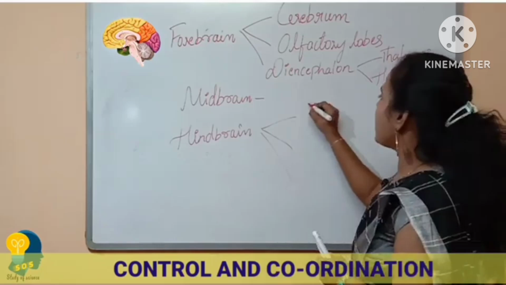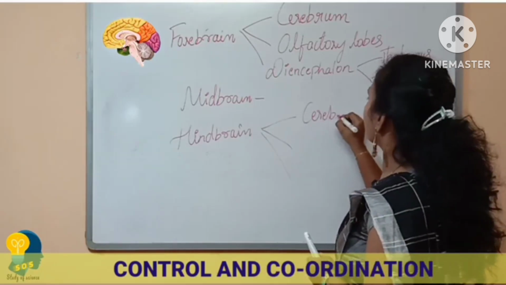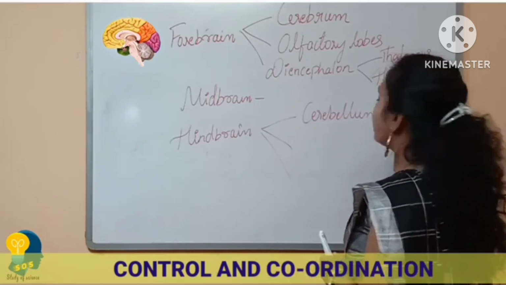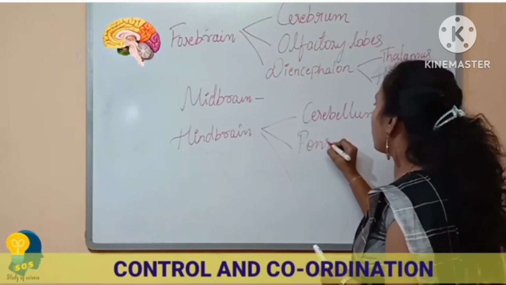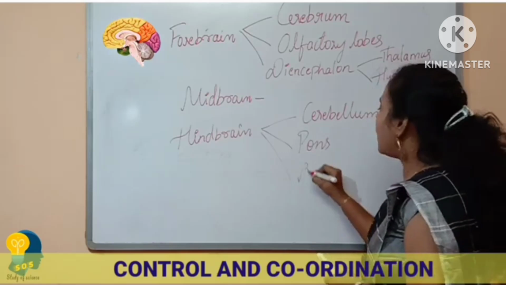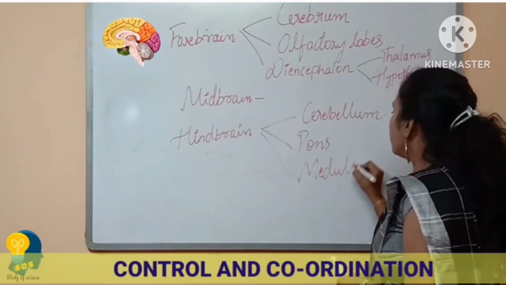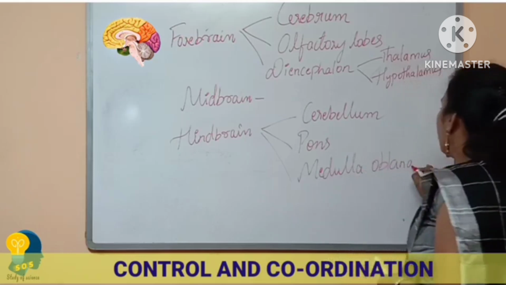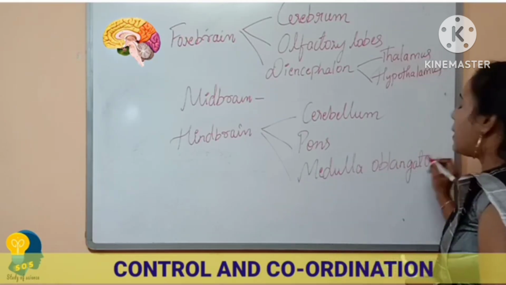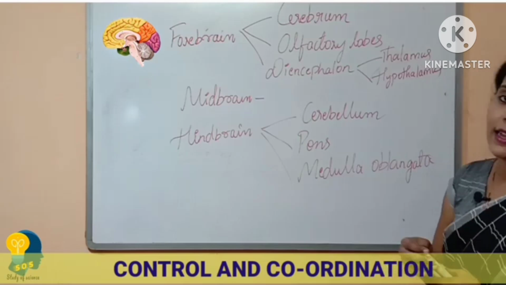The first part is the cerebellum. Second part is the pons. And third is the medulla. We call it medulla oblongata.